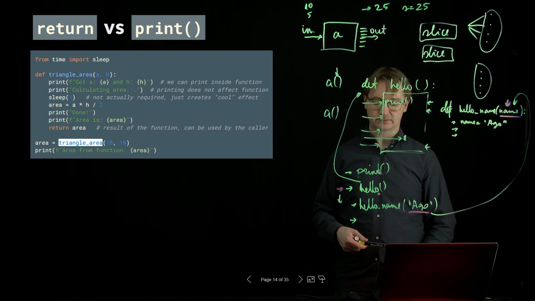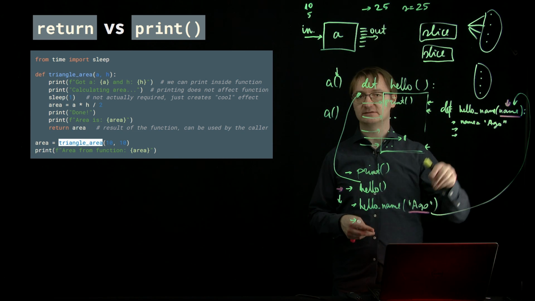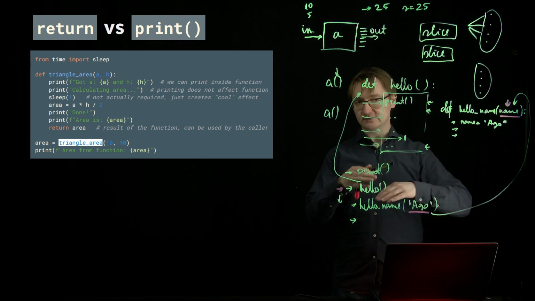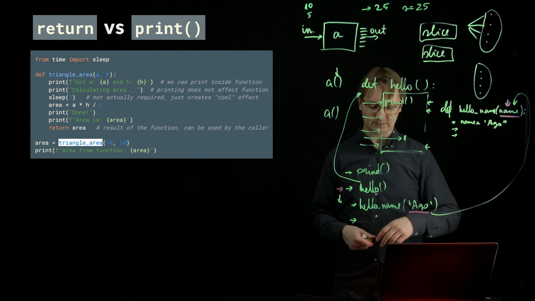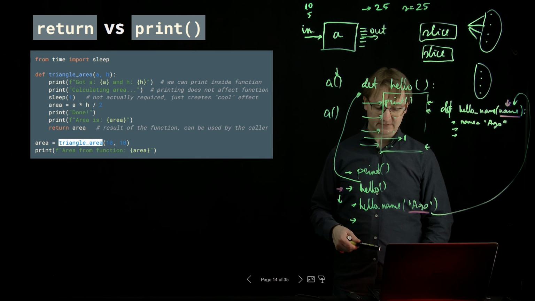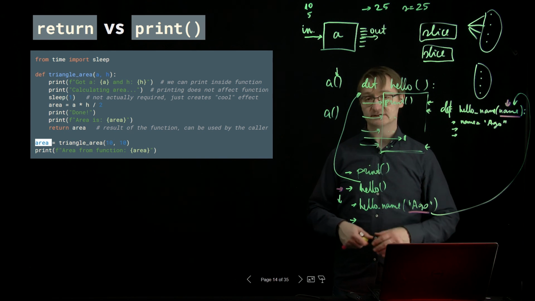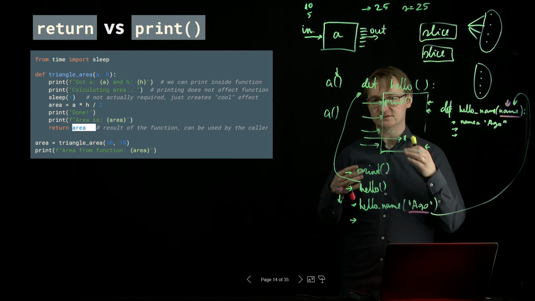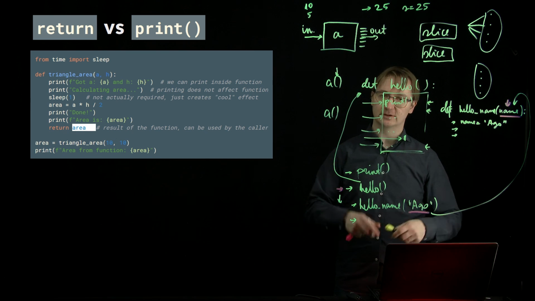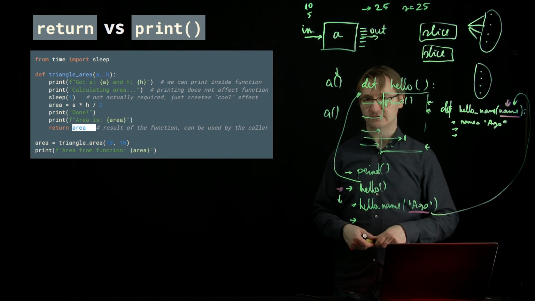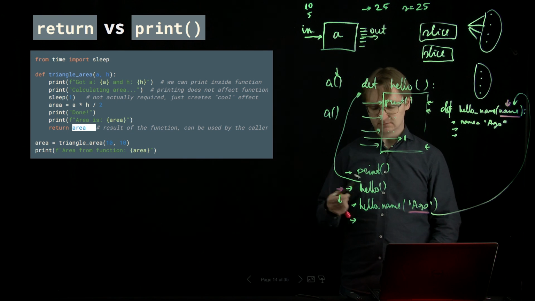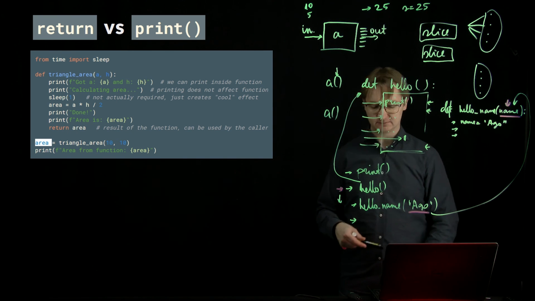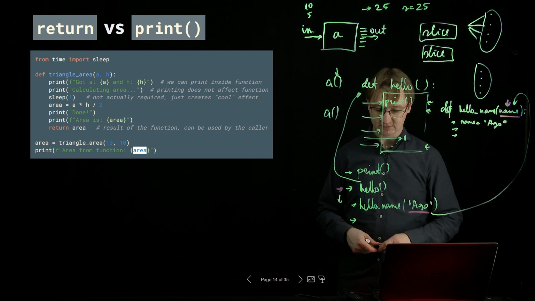Now if I call this function, I will get several lines of output on the screen. It prints out that it's calculating, it even waits 1 second and so on, but still the result in this variable is only this value here. So what is returned is what becomes the output of this function. And now I can do additional stuff with my variable area. Now I just print it out in this code here.